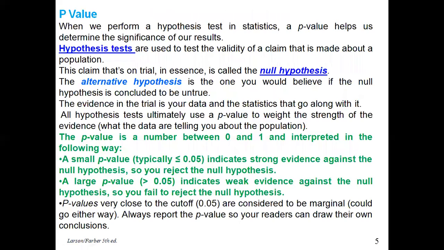So what is p-value? P-value is also called probability value. Its value always lies between 0 and 1, because the maximum value of any probability is 1 and the minimum value is 0. If we are 100% sure about an event, then probability is 1. If we are not sure at all about the occurrence of an event, then probability is 0.